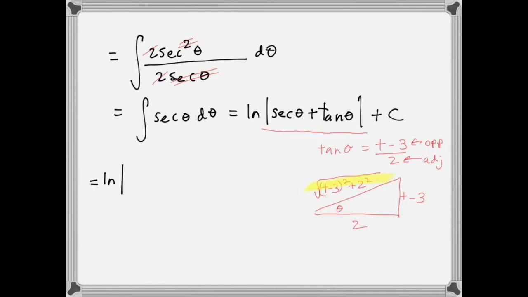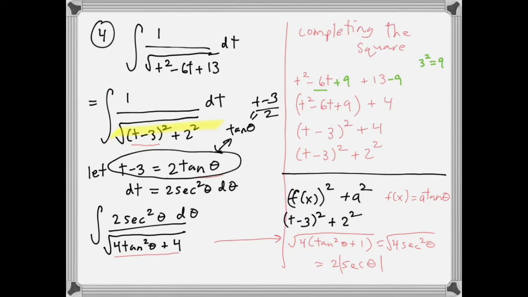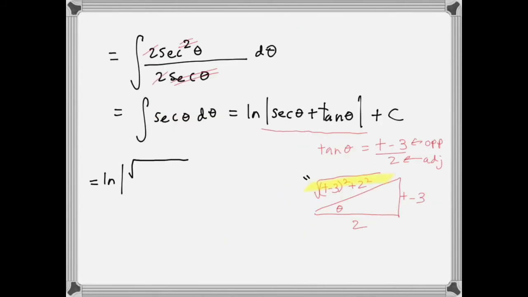This is going to be the square root of, I could write it like that, but I'm also going to keep things simple because I know that t squared minus 6t plus 13 is really what that equals. I can just write it back in the form that it was in the beginning of the problem.